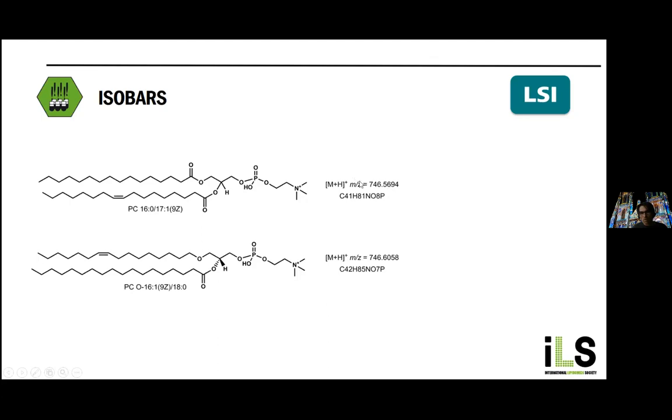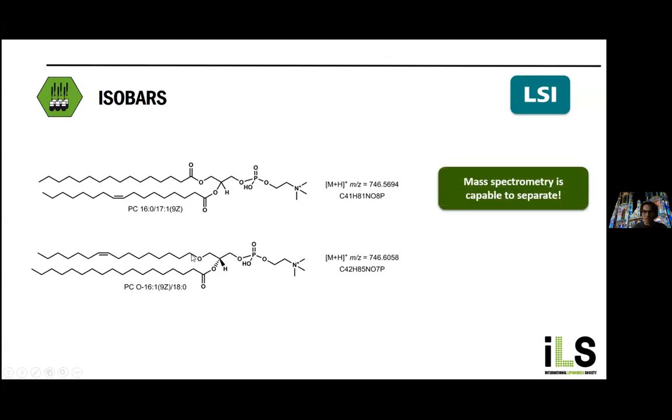If you look at the mass in the positive ion mode, we have the same nominal mass but different decimals. So these do not have exactly the same mass, but the same nominal mass, and of course mass spectrometry is capable of differentiating those, but you need a high mass resolution.